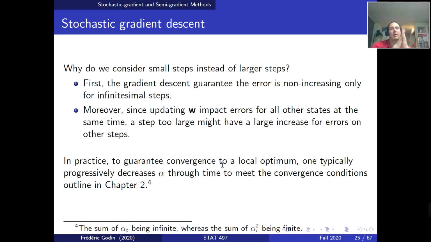Now, for stochastic gradient descent, do we have convergence to the optimal approximation under this procedure? In some specific cases, you have theoretical guarantees to converge to at least a local optimum. Maybe not the global one, this is not guaranteed, but to a local optimum. These guarantees typically entail first that you decrease alpha suitably through time. In chapter 2 there was an example of such a set of conditions, where the sum of alphas had to be infinite but the sum of squared alphas had to be finite.